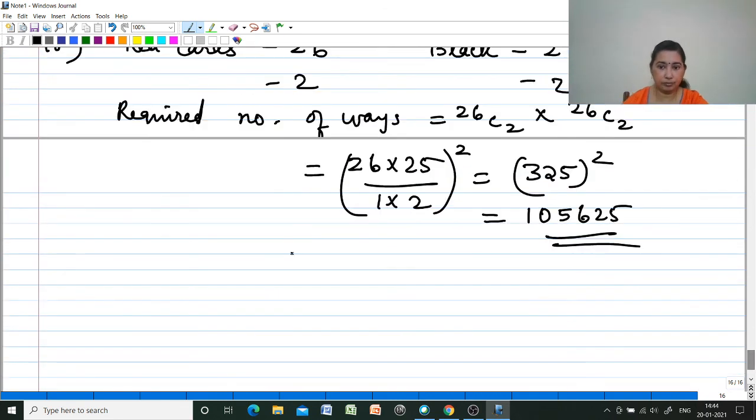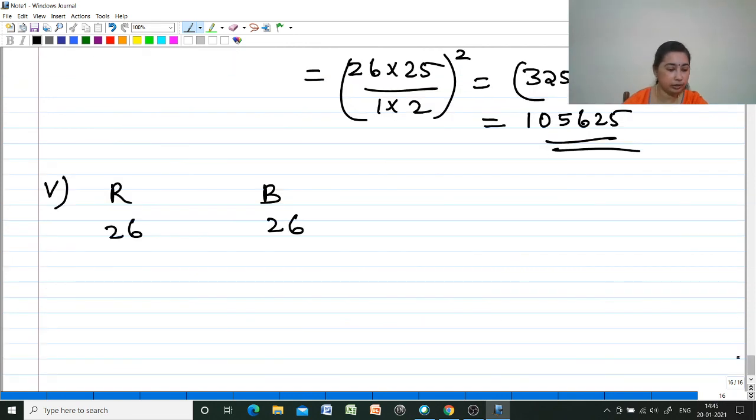And fifth sub question, cards are of the same color. So same color means red color or black color. And we know that there are 26 red and 26 black. Out of that we have to select 4.